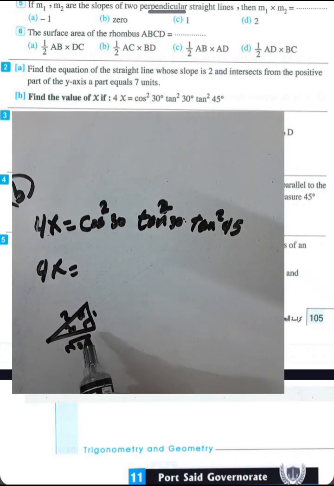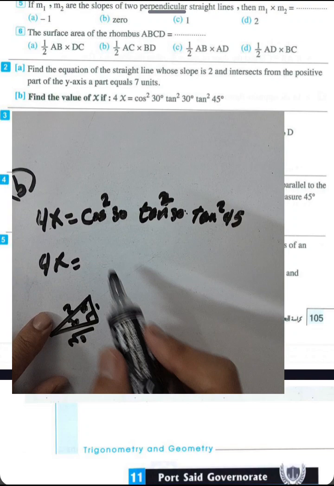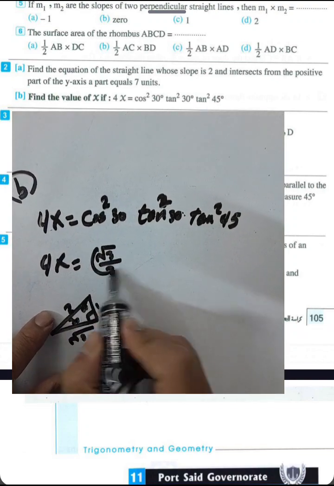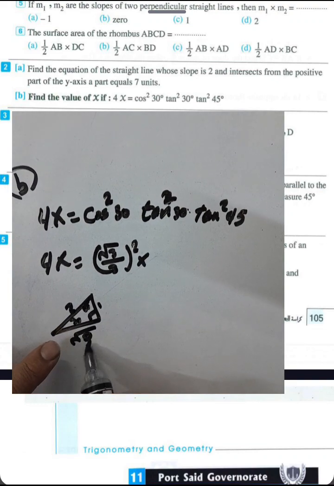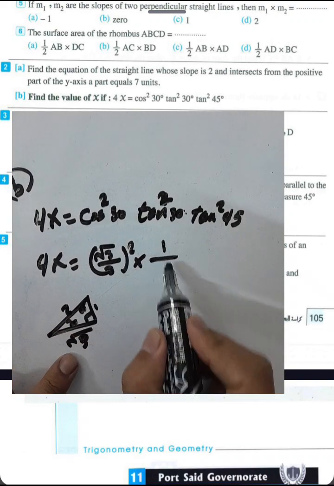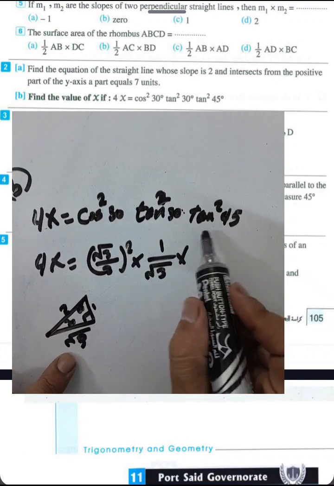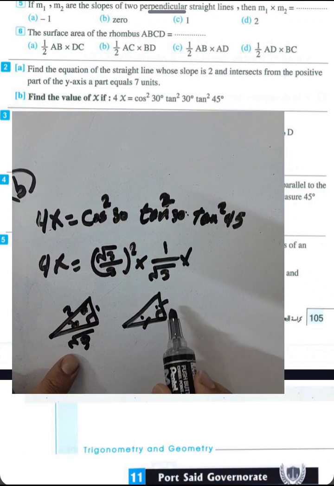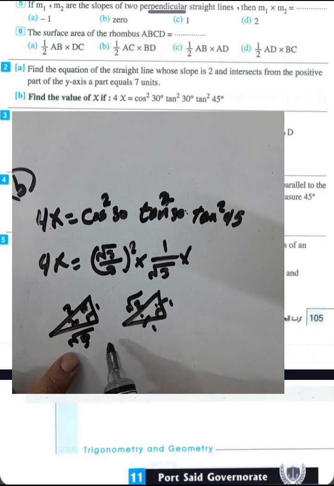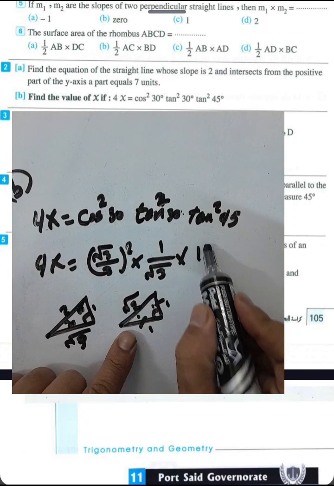Cosine 30 is adjacent over hypotenuse, root 3 over 2, whole power 2. Multiplied by tan 30, which is 1 over root 3, opposite over adjacent. For tan 45, with a right isosceles triangle, 45 and 45 with sides 1, 1, and root 2, tan 45 is 1.